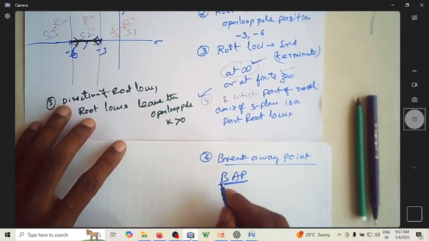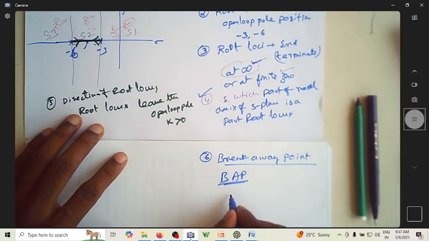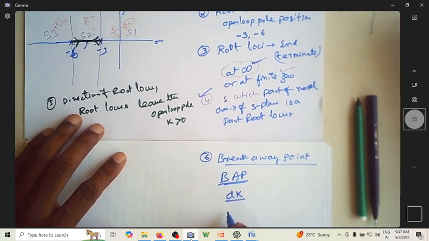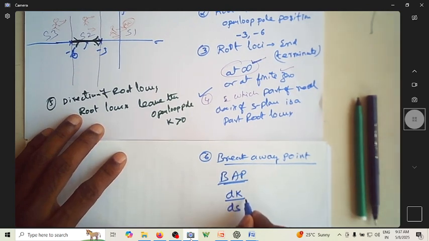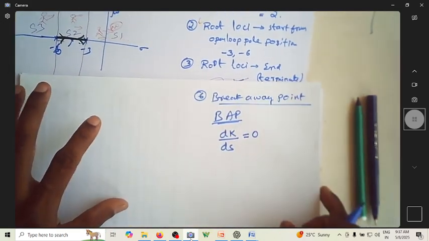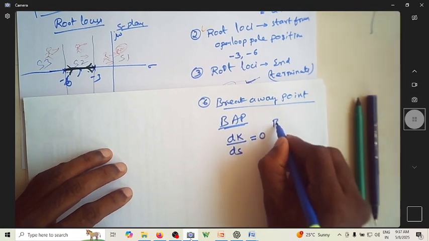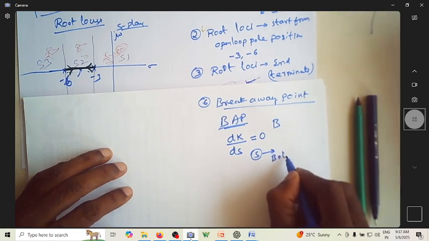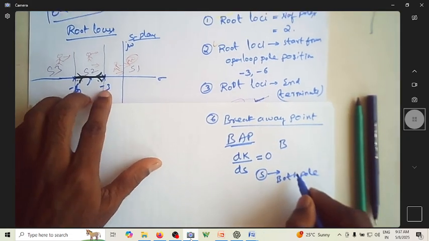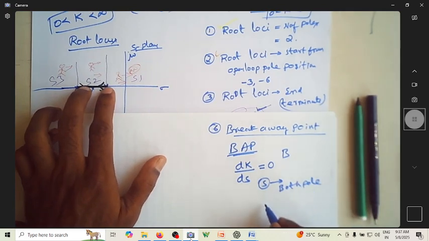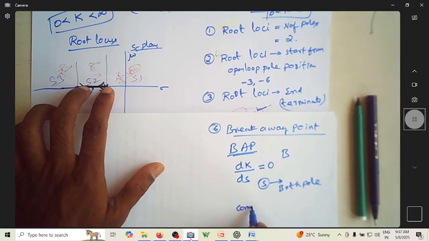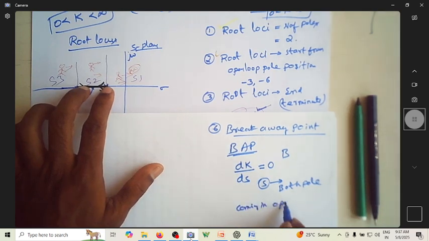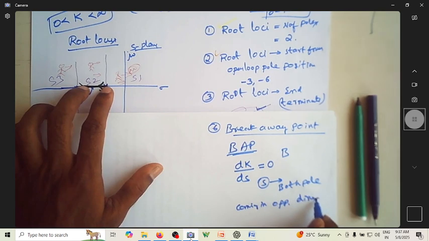We can find this breakaway point by taking the derivative of k with respect to s and equating it to 0. If you do this dk by ds, then we will get the value of s where both poles coming in the opposite direction meet.